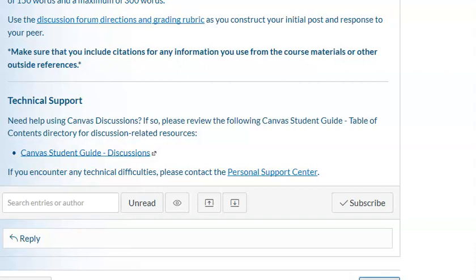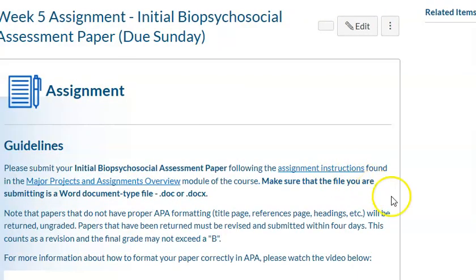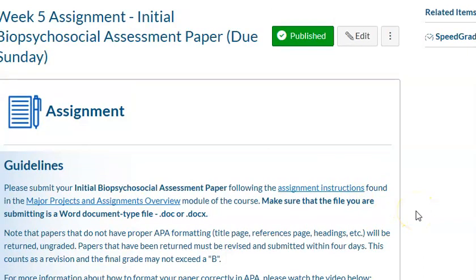The next is a paper. So this is your initial biopsychosocial assessment paper. And you'll find it in the assignment instructions, but if this comes up quickly, we can take a look at those guidelines.